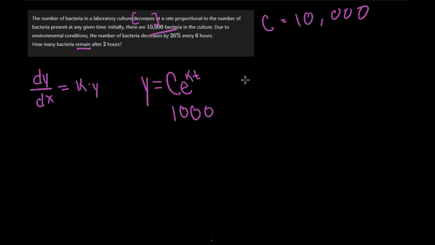The initial condition is 10,000, and we're trying to solve for k, then evaluate at time equals 2. We also need a y value, and to get that y value, we can use this.